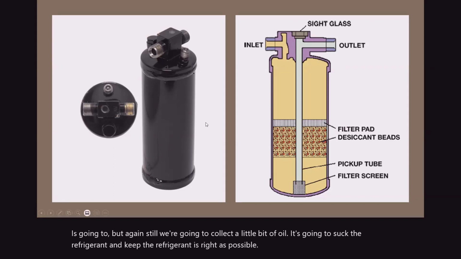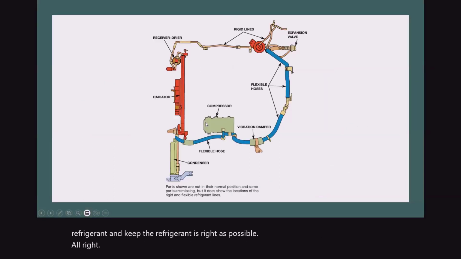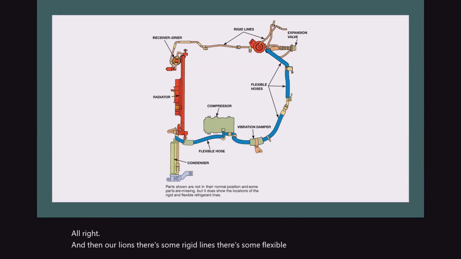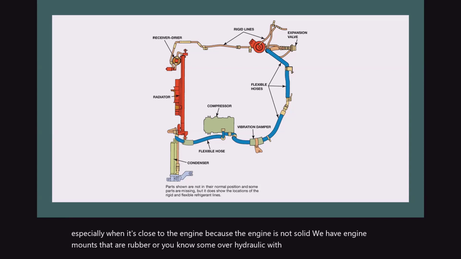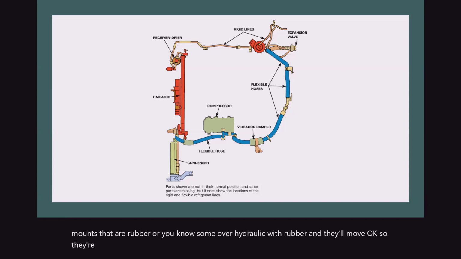All right, and then our lines. There are some rigid lines and some flexible lines. We need flexible lines, especially close to the engine, because the engine is not solid. We have engine mounts that are rubber, or some of them are hydraulic with rubber, and they'll actually move. I'm over exaggerating right now, but they move a little bit.